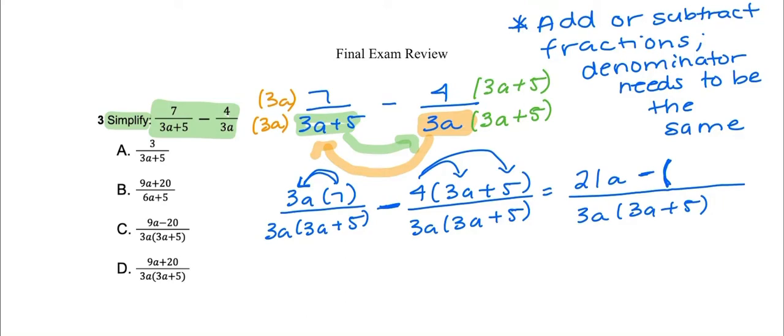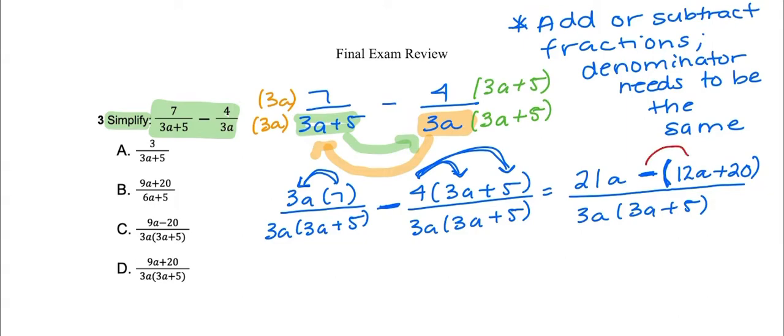So 4 times 3a is going to be 12a, and then 4 times 5 is going to be 20. We put a plus right there. You need to make sure that you put that in parentheses and the subtraction on the outside. Now, we went from two fractions to one fraction with the subtraction and parentheses.